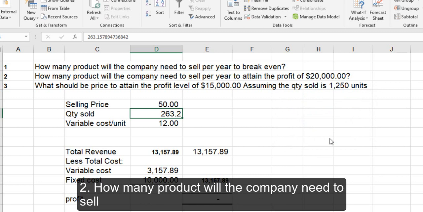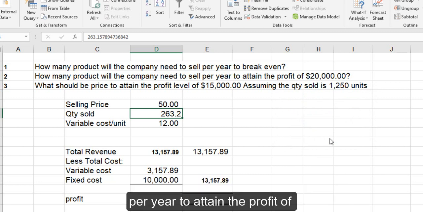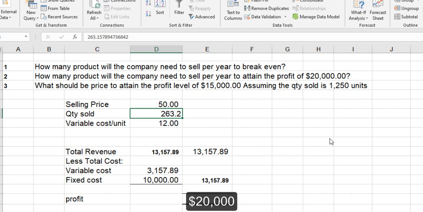2. How many products will the company need to sell per year to attain a profit of $20,000?